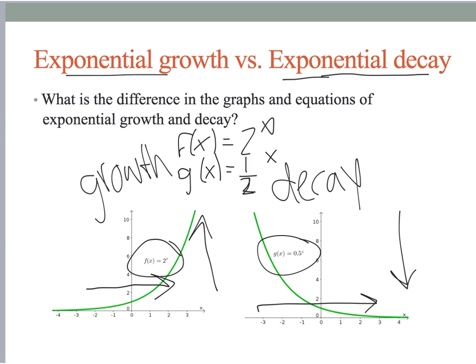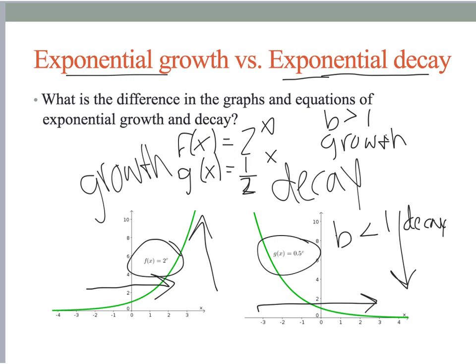When your multiplier, which is b, is greater than 1, that means you're going to have growth. When your b value is less than 1, you're going to have decay.